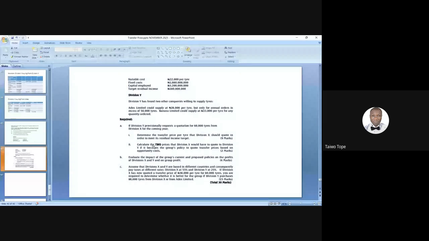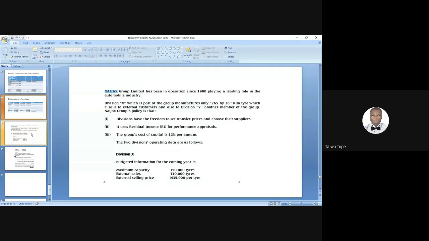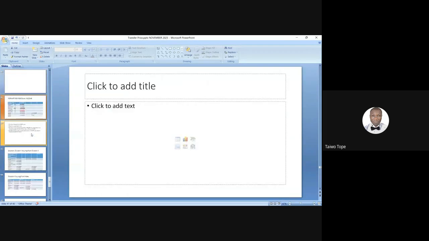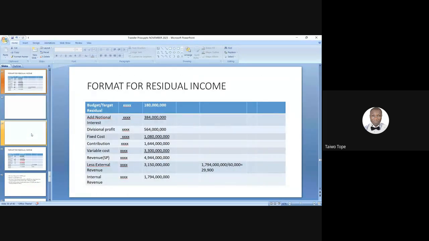The revenue we generated externally, which is 3,150,000,000, is 90,000 tires multiplied by 35 naira per tire.